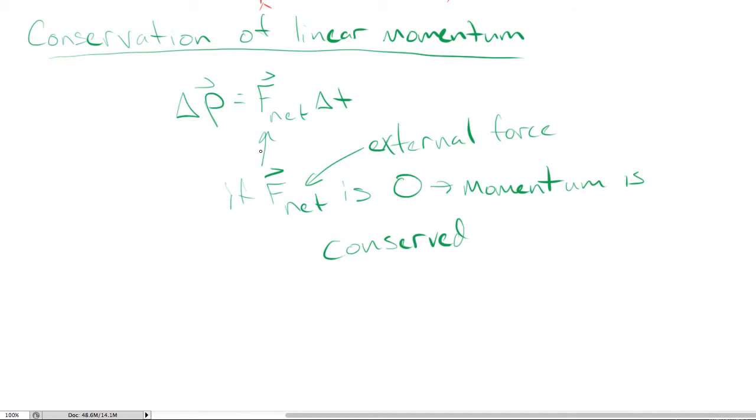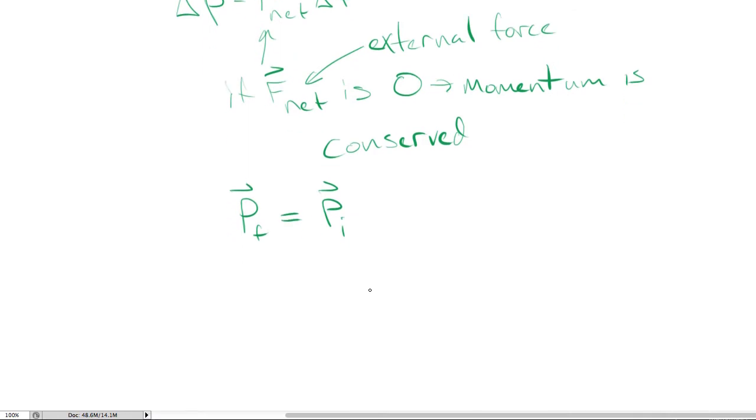And of course, that falls straight from this equation. If this term is 0, then certainly delta P is 0, which then implies that P_F is equal to P_I. The initial momentum is equal to the final momentum. Okay?